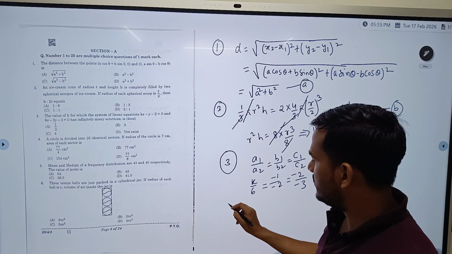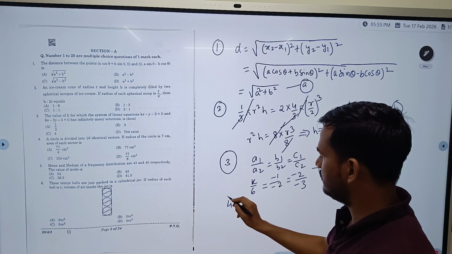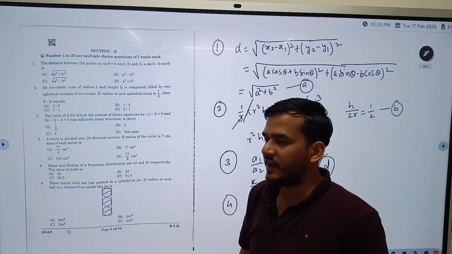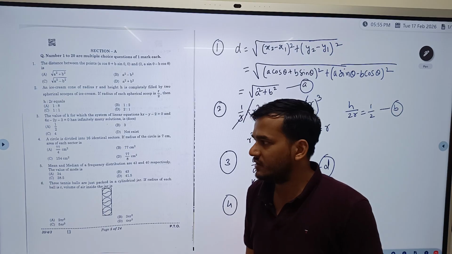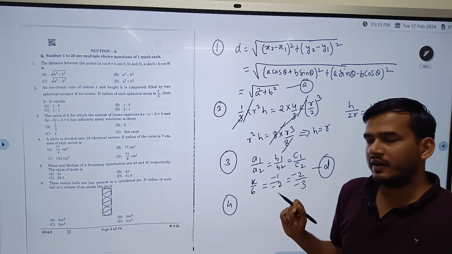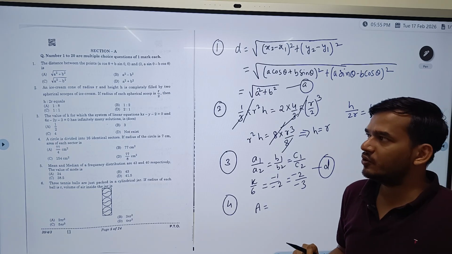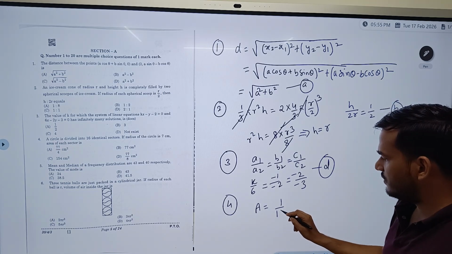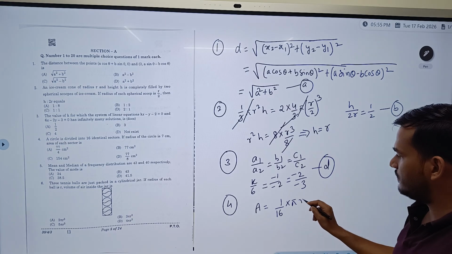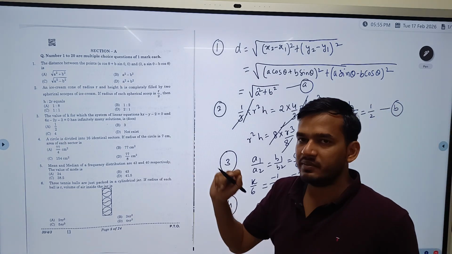In the fourth question, a circle is divided into 16 identical sectors. So the area of each sector will be equal to 1 by 16 times the area of the circle. The radius of the circle is given as 7.